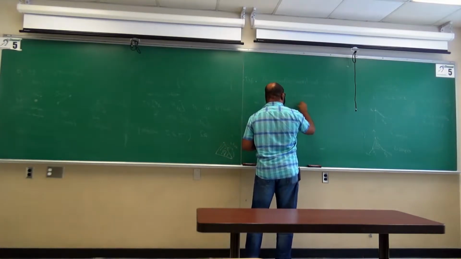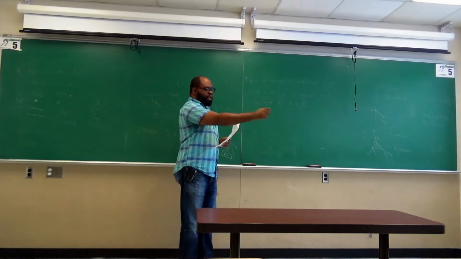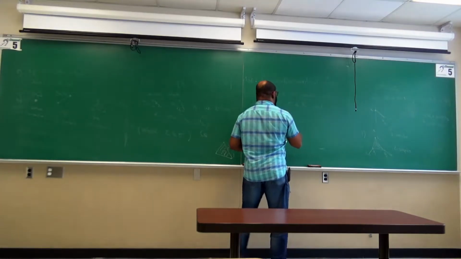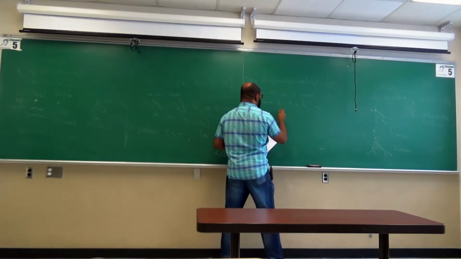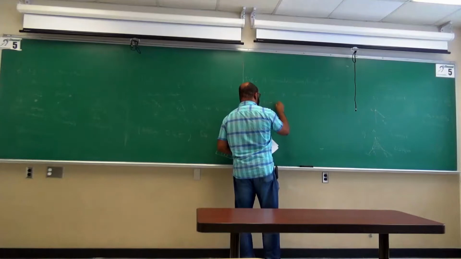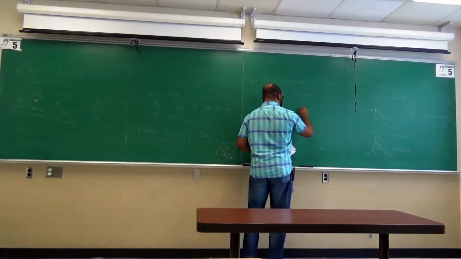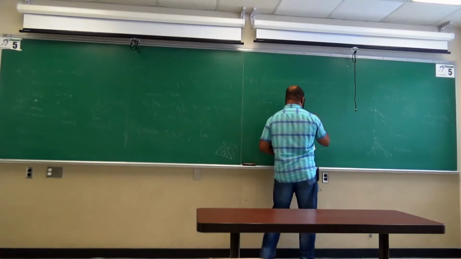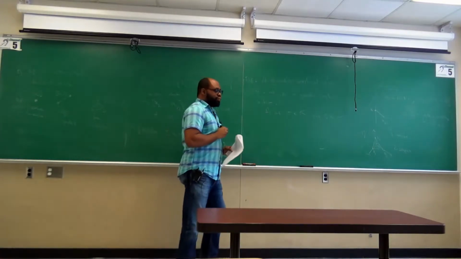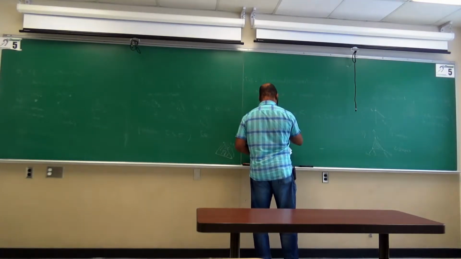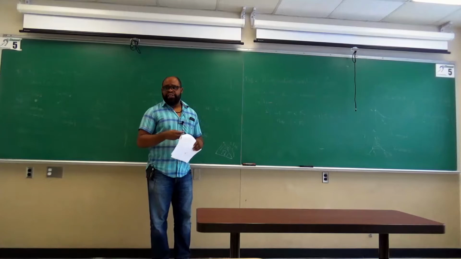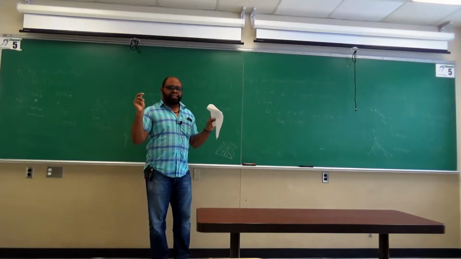if sigma is an element of K, so if I have one of my geometric simplices in K, two things happen. The first thing is that if sigma is an element of K, so it's a geometric simplex, and tau is a face of sigma, then tau is also in K. So what it means is that it's closed under the taking faces relation.